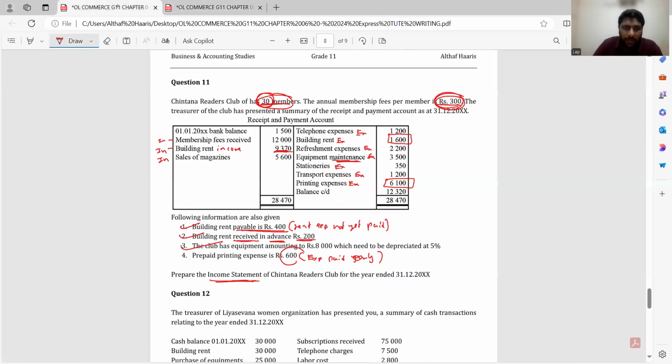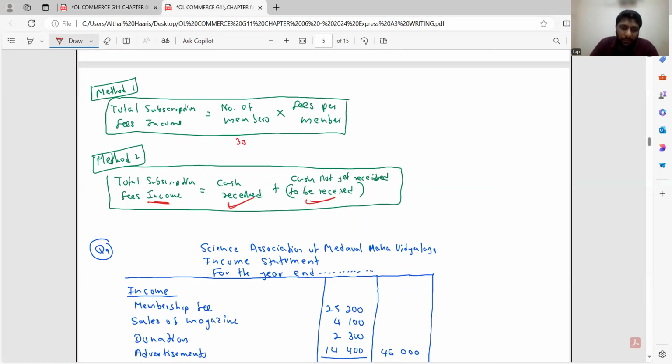Likewise 300. 30 into 300. So here 9,000. In this question, we can't use the second method because it is to be received, not given. So we can't use this method for that question. 9,000.